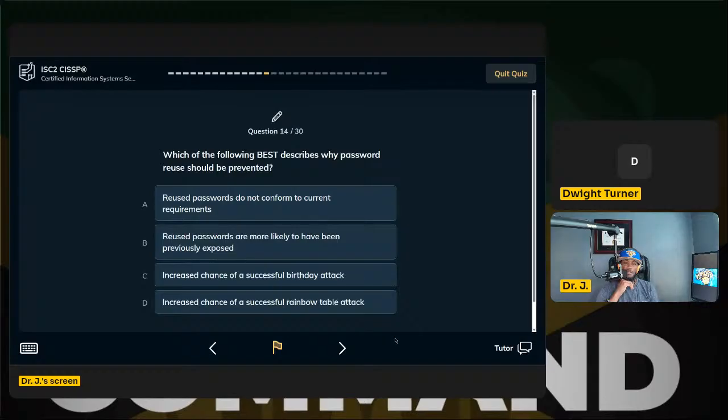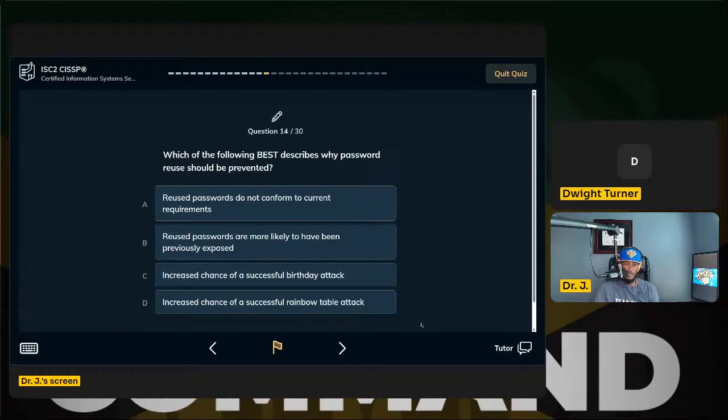Now it's just a matter of which one's the strongest one. So it says increased chance of a successful birthday attack. I still feel like Bravo is probably the strongest one, because if it's already been exposed, it makes it that much easier for an attacker to gain or regain access to your system if you're still using these old passwords that have already been compromised.